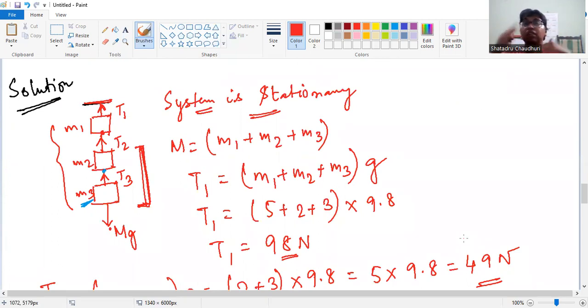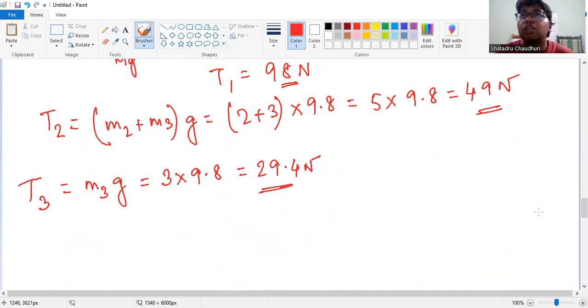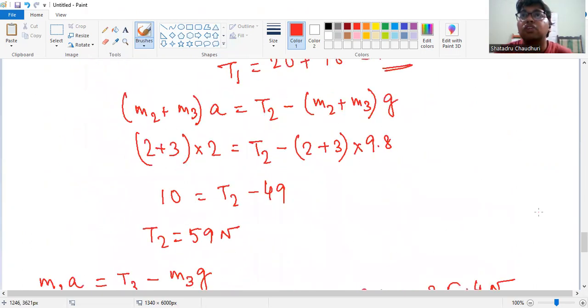In that case, the difference in the tension and the weight of the body will give a resultant force, and that resultant force will be equal to mass times the acceleration of the system. So this is one of the examples of free body system and Newton's law of motion.